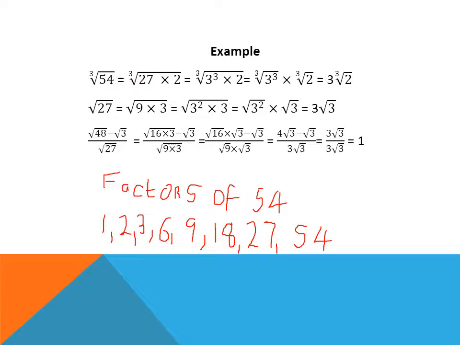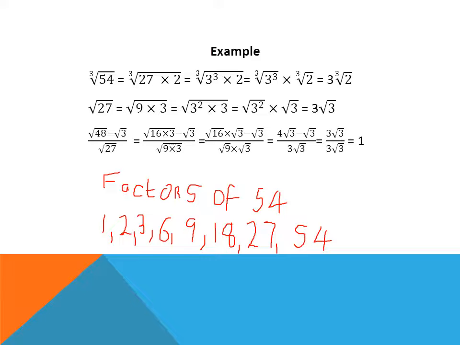So we have 1. 54 divided by 1 is 54. 54 divided by 2 is 27. 54 divided by 3, 54 divided by 6, 54 divided by 18, 54 divided by 27, and 54 divided by itself is 1. So these numbers are factors of 54, because when we divide 54 by them, we are not going to get a remainder.